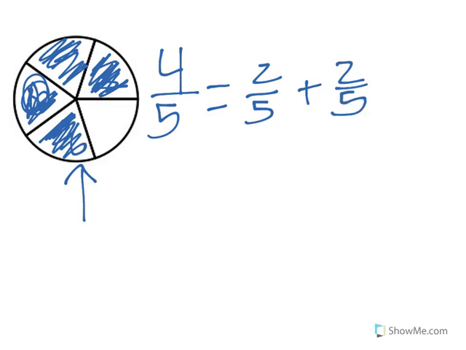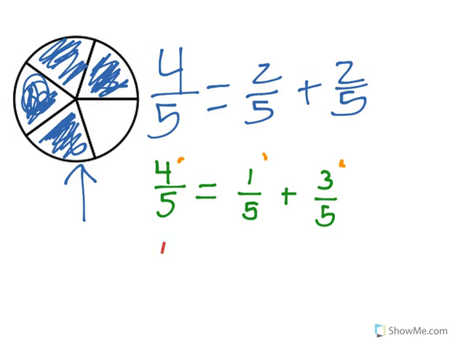However, our goal asks us to do this in more than one way. So if I had 4/5, another way that I could add 4/5 would be 1/5 plus 3/5, because I know that 1 and 3 equal 4.